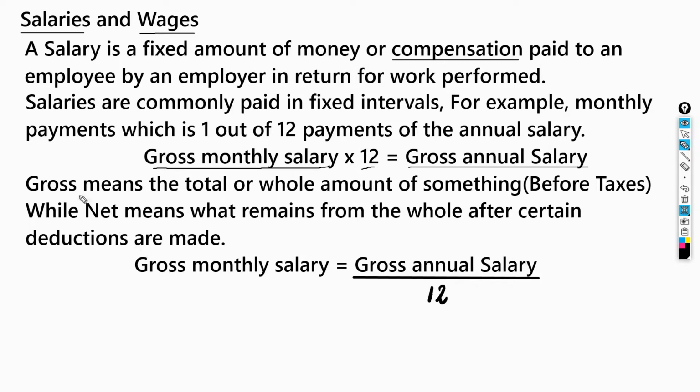Gross means the total or whole amount of something before the taxes, while net means what remains from the whole after certain deductions are made. So this is after you take away the taxes. It's important to know the difference between gross and net.